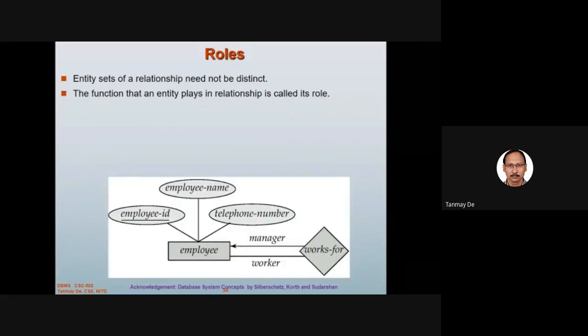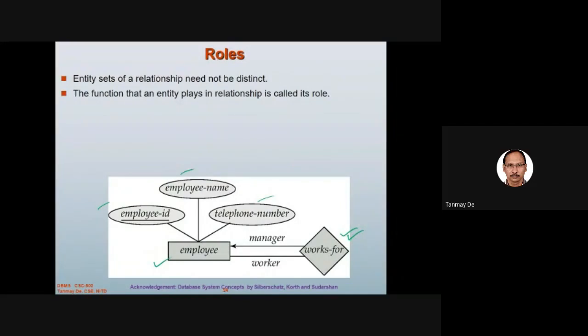Here in this example, you can see the employee is the entity set, and work for is the relationship set. The employee entity set has the attributes employee ID, employee name, and telephone number, and employee ID is the key here. Now what does this ER diagram, or part of the ER diagram, tell us?